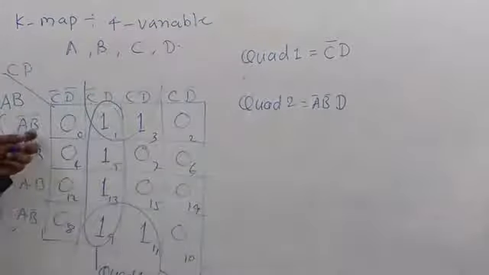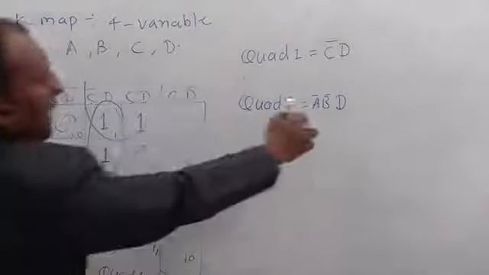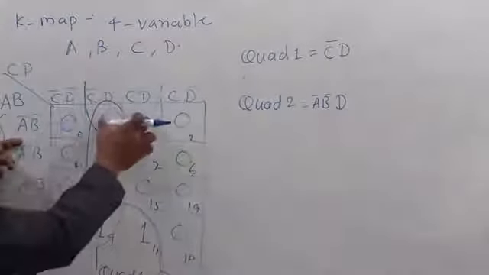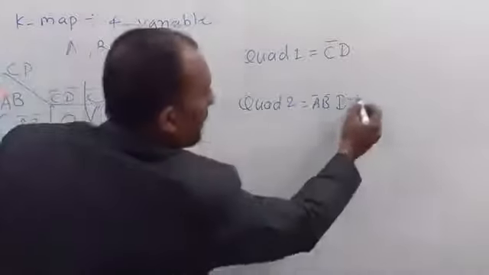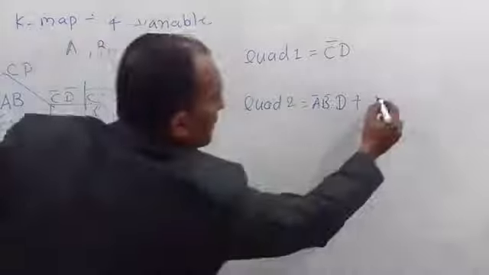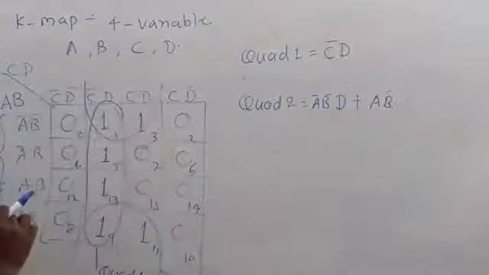So here there is no common value, so directly I write A bar B bar, and from these 2 equations one common term, that is D. Same for this, A B bar, and here again the common term is D.